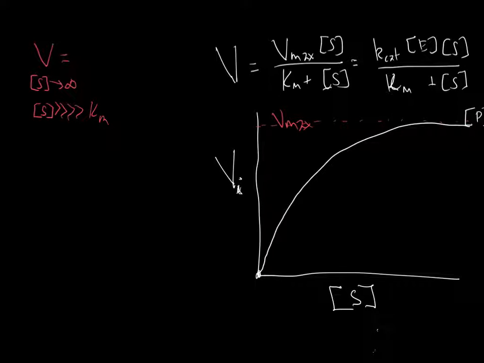Then it simplifies, because what that says is V is going to be equal to Vmax times S divided by S, because S is so big that Km doesn't really matter. So now you can see, well, that's really easy. The S's cancel, and so we say that the velocity is equal to Vmax.